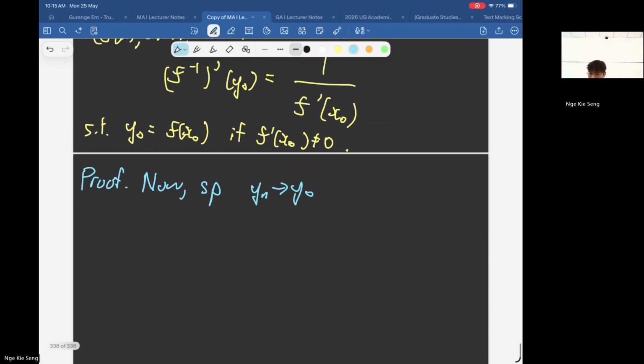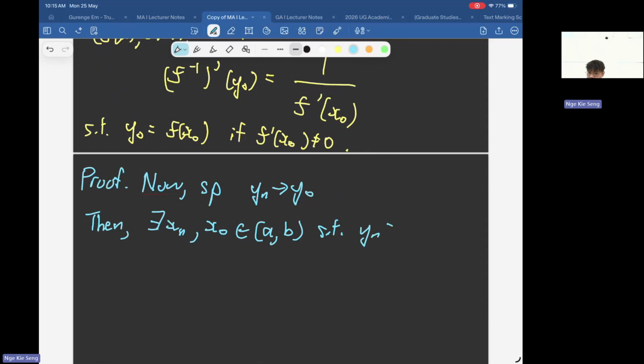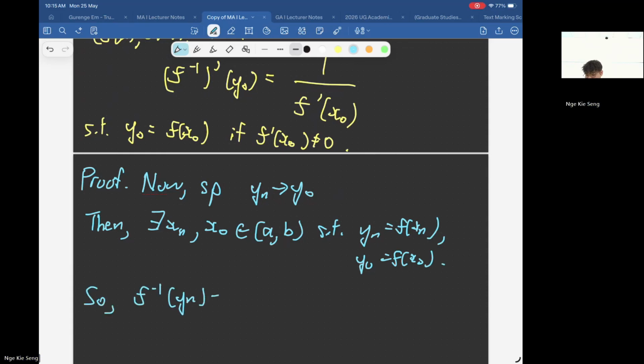Then we have all the pre-images of these yn and of y0. Now we want to check what is the limit of the secant, I mean the derivative, of the secant.